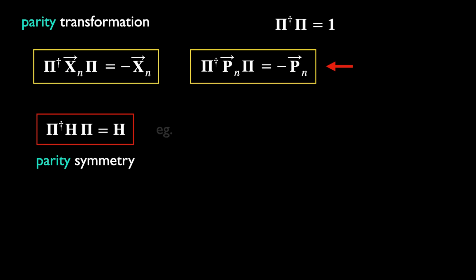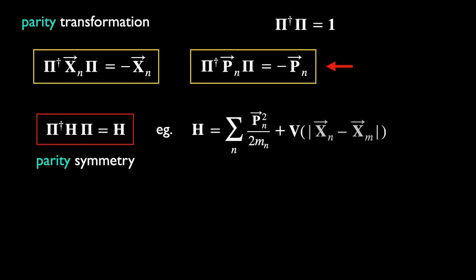Here's an example of a Hamiltonian, which is symmetric under parity. This is a system of particles that interact through a potential which depends just on the relative distances between the particles. These relative distances are invariant under parity transformation, while the kinetic energy of each particle is also invariant since it's the momentum squared.